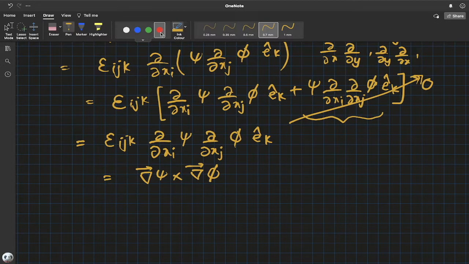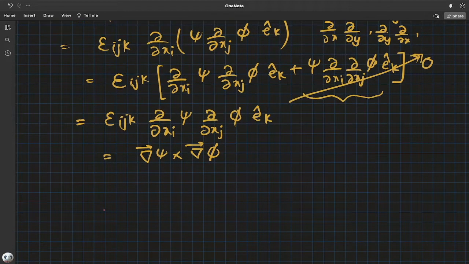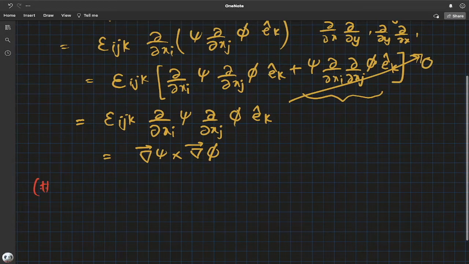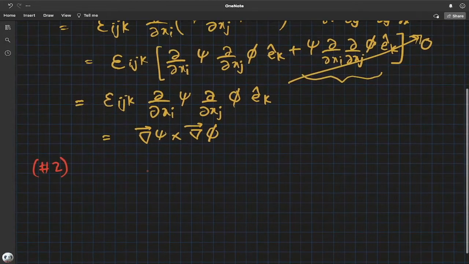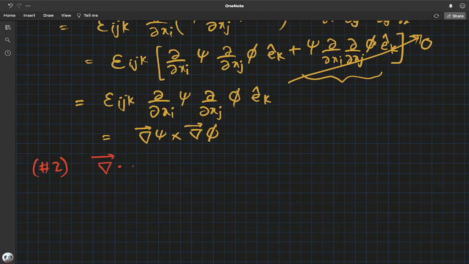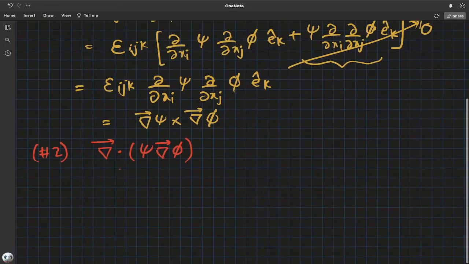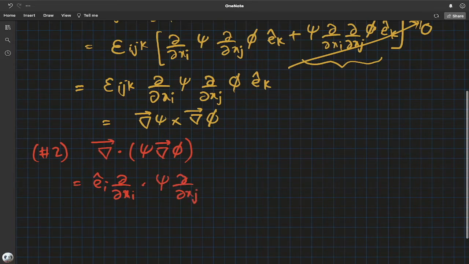Let me choose another color here. Let's take a red. Let's do number 2. So number 2 is like this. Divergence of a similar quantity, psi gradient phi. So ei partial xi dotted with psi partial xj phi ej hat.